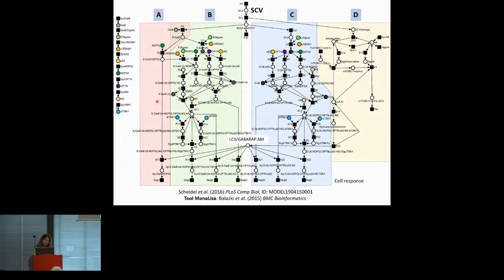Just to give an orientation, here we have the pathways A, B, C, and D. Here we have the Salmonella-containing vacuole. And here we have the cell response, meaning the degradation of Salmonella. And all is going through the binding to the autophagosomal membrane. The places represent proteins or protein complexes.